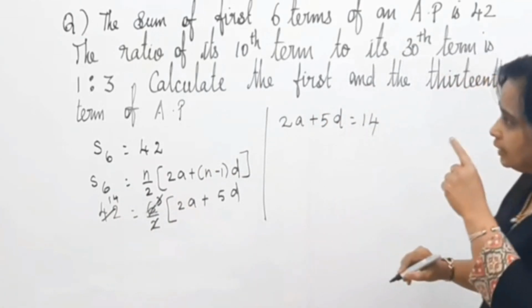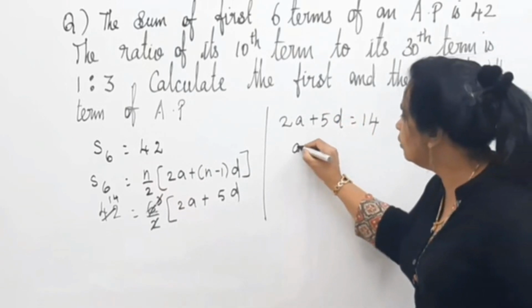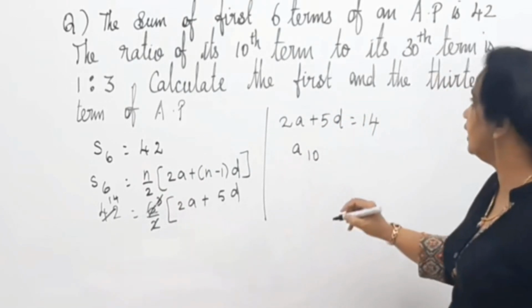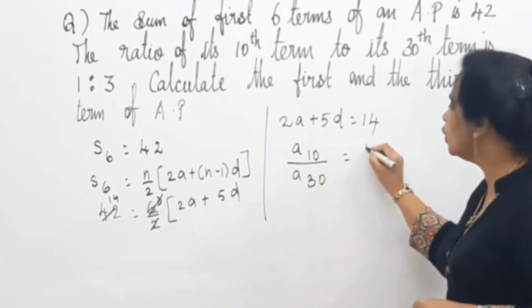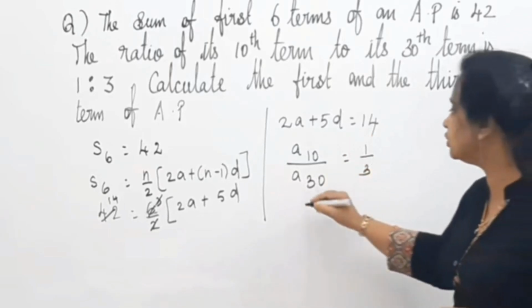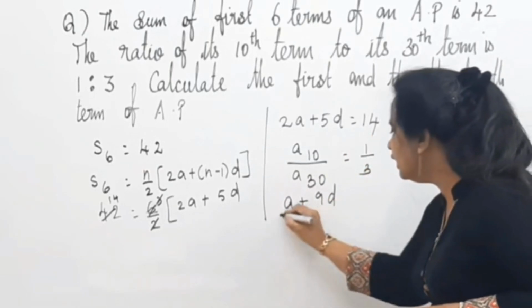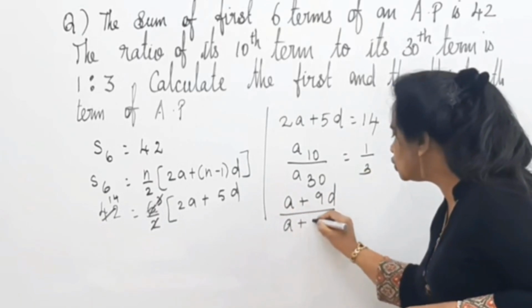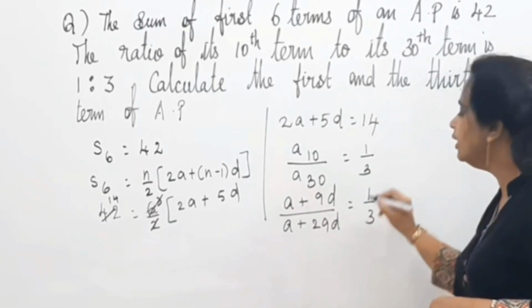Okay. Now the next condition is the ratio of its 10th term, A10, to its 30th term, A30, is equal to 1 by 3. The ratio is nothing but the division. So A10 can be written as A plus 9D divided by A plus 29D is equal to 1 by 3.